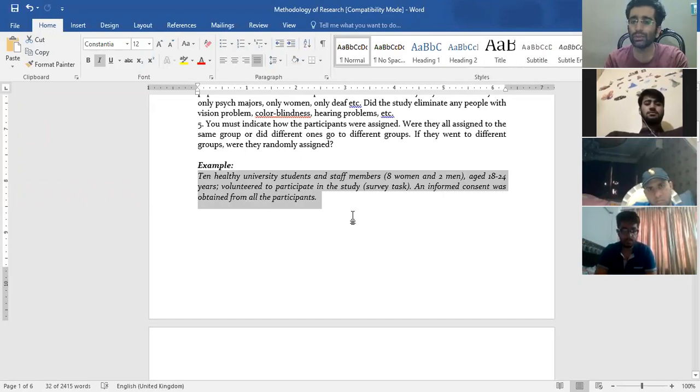Similarly, you will write about how you moved from your entire set of participants, that is the population, towards your sample. Okay? This is what you mention in the participants subsection of the methodology of your research report. Okay, so the next thing is to talk about representative sample.